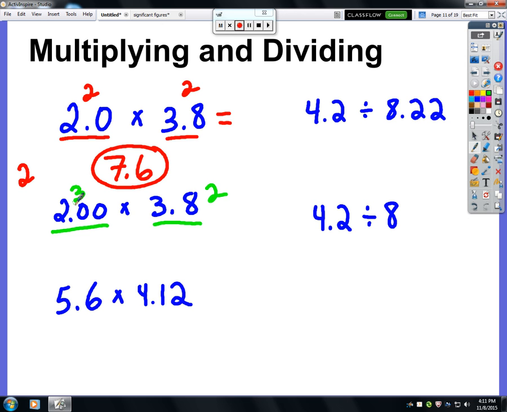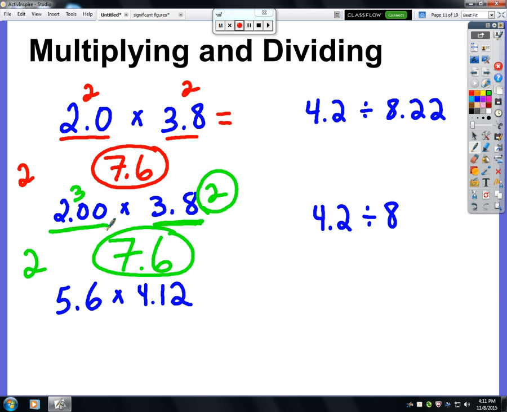There's 2 here, and there's 3 here. So my least amount is 2. So my answer is going to be in 2. And therefore, this lovely lime green 7.6 is going to be the same. My answer is only as accurate as my least accurate amount. My 3.8 limits me from reporting it to 3 decimal places. So the answer for both of these is 7.6.